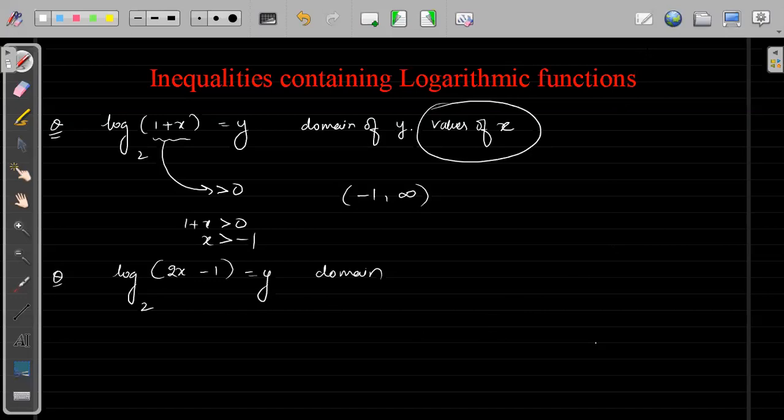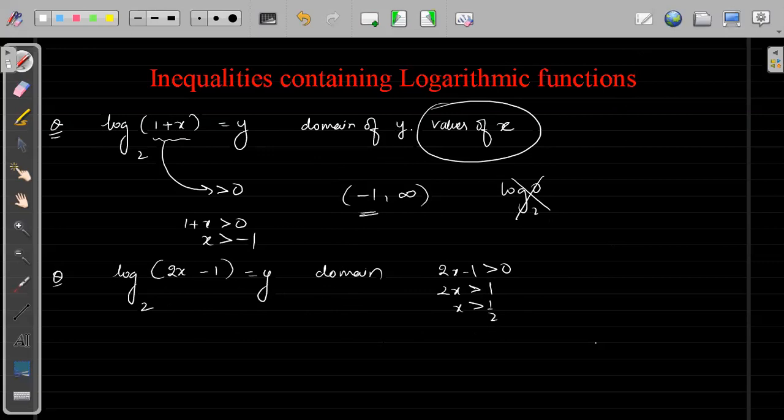Sir, how to find whether we should open or close? Open means that value will not be included. For minus 1, if I substitute, this will become log 0 base 2, which is not possible, so I will not include minus 1. That is how you know, just check the value. For this one also, 2x minus 1 should be greater than 0, that means 2x should be greater than 1, so x should be greater than 1 by 2.